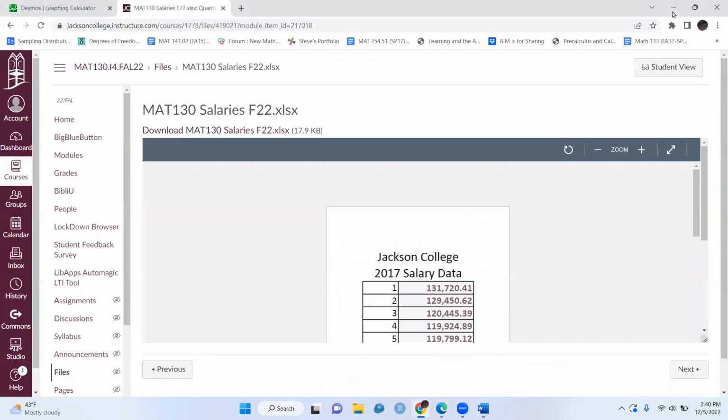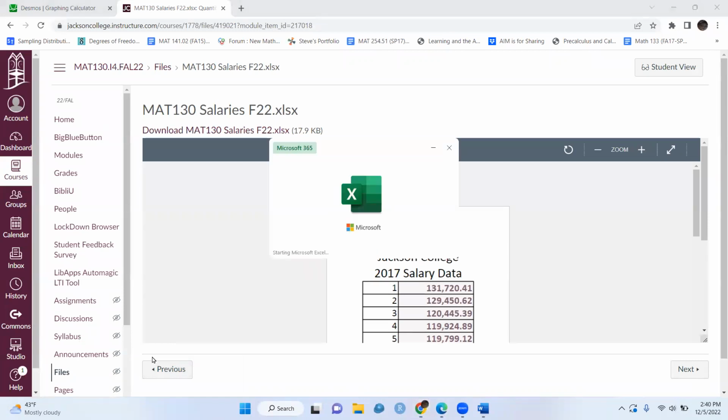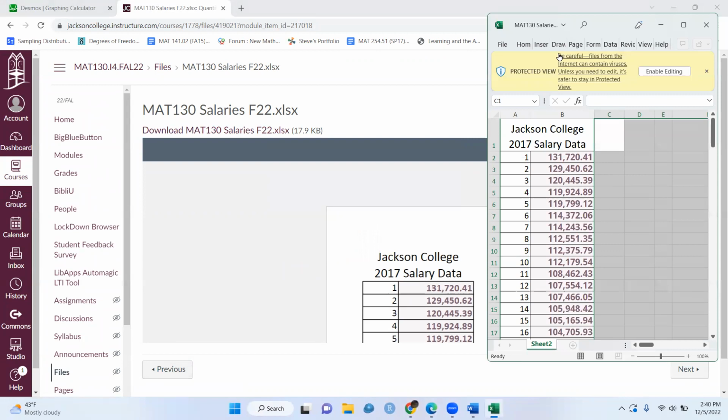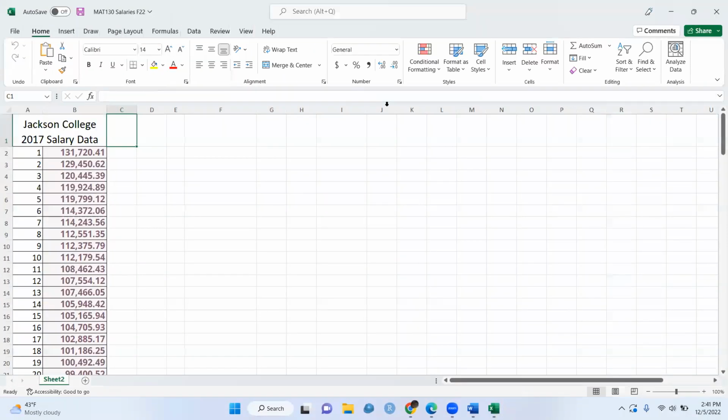So we need this downloaded, and you can do it all in here. It would be nice to format it. Maybe you have your sample.